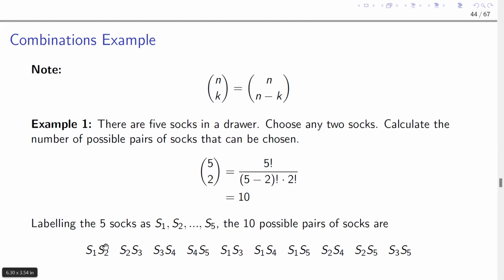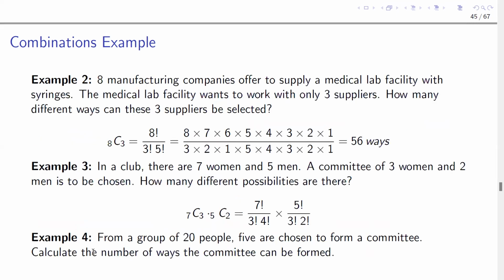Under permutation, we would have written both, because we consider them as different selections, since order is important. But under combination, we wrote S1 and S2 without also writing S2 and S1, because once we choose S1 and S2, that's all that matters to us under combination. All right, so these are examples of the combination.